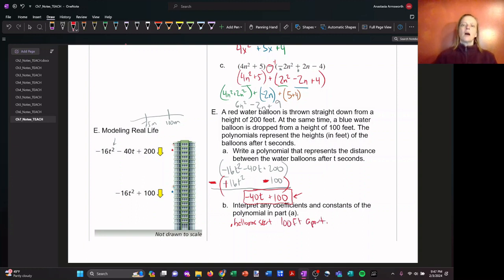Then this negative 40 that's being multiplied by t means that for every 1 second that the balloons fall, they get 40 feet closer together. Every 1 second, the balloons are 40 feet closer together.